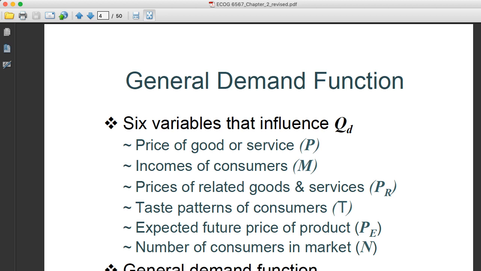The demand function traces the quantity demanded. The quantity demanded depends on many variables, as you've seen in the first chapter. Several variables influence the quantity demanded.